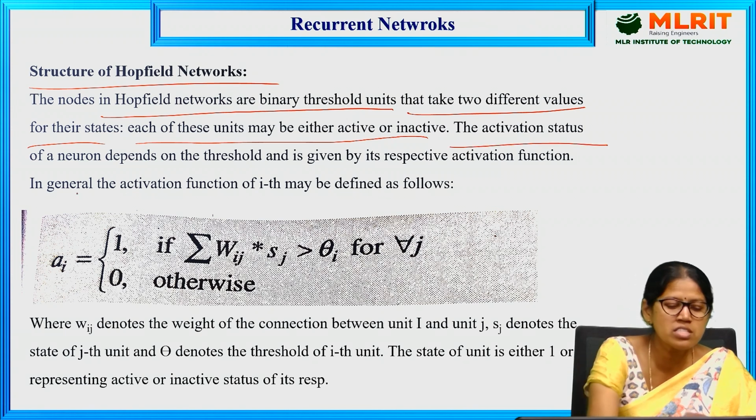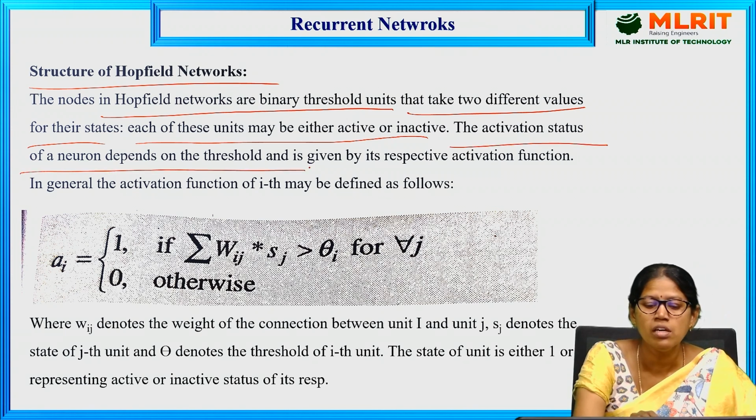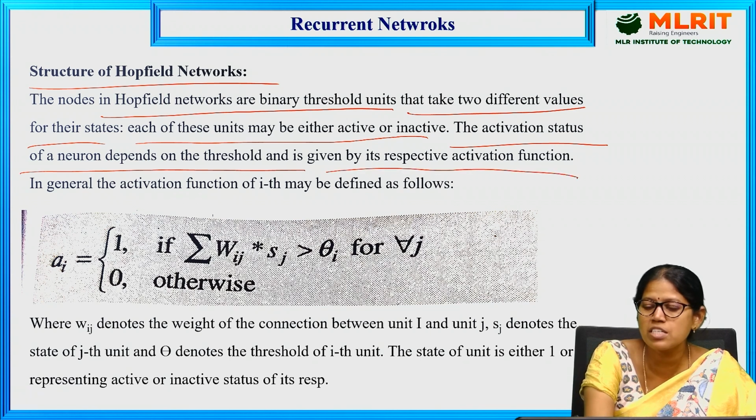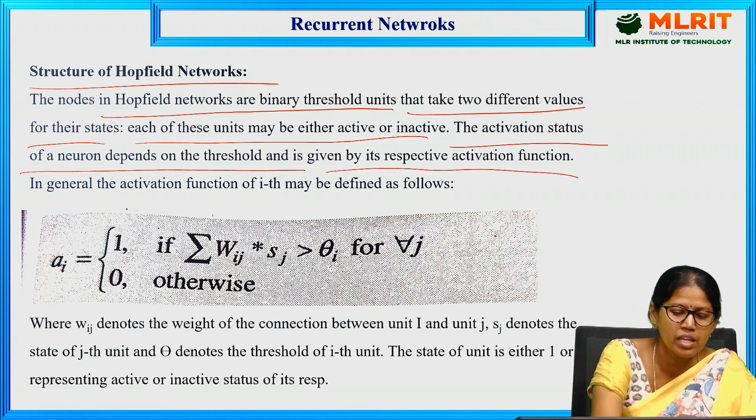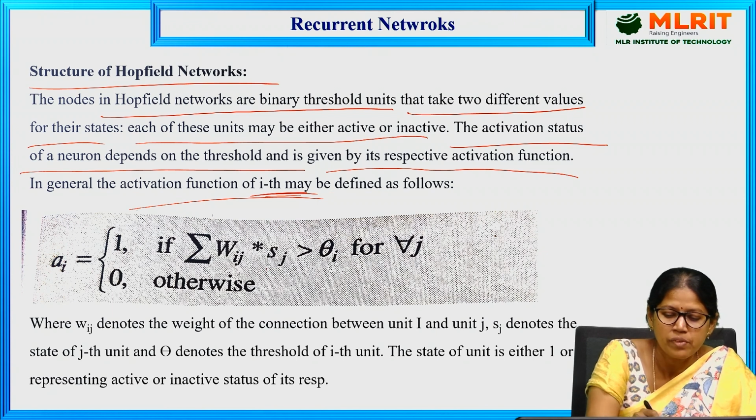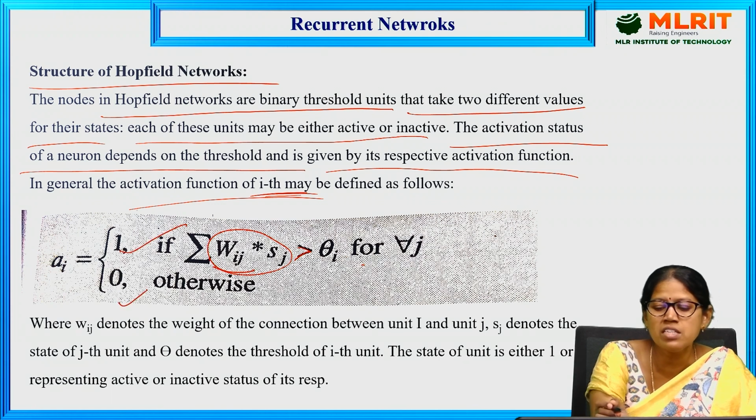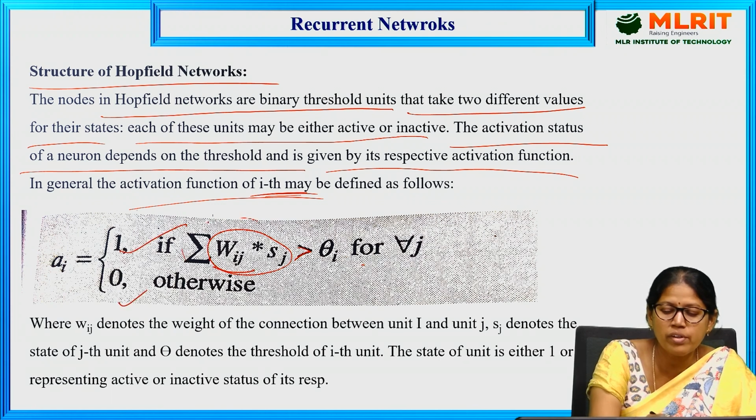The activation status of a neuron depends on the threshold and is given by its respective activation function. The activation function of the ith neuron is: if the weighted sum is greater than the threshold value, then it is 1, otherwise it is 0. First we will perform the weighted sum, and there is a threshold value.